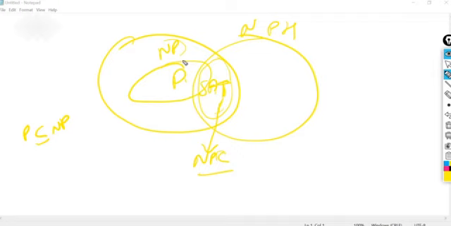And if it comes completely here in the NPC, then our task is complete. That means all the non-deterministic problems which are hard to solve, if they come in the NPC, then P becomes equal to NP. That is possible to solve.